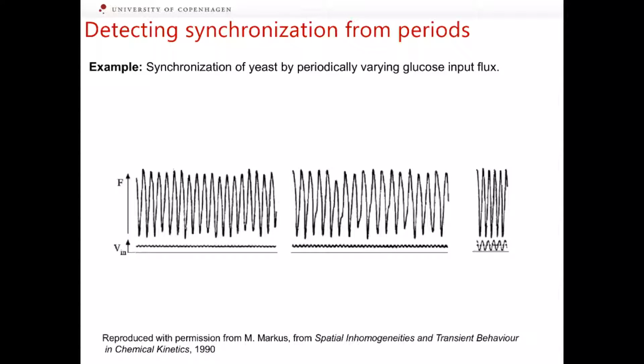In the first panel from the left, the amplitude of glucose influx is much smaller than the amplitude of yeast oscillations. Moreover, its period is very different, in fact much smaller, than the period of self-sustained oscillations of yeast. As a result, oscillations of yeast are almost unaffected by variations of glucose influx.